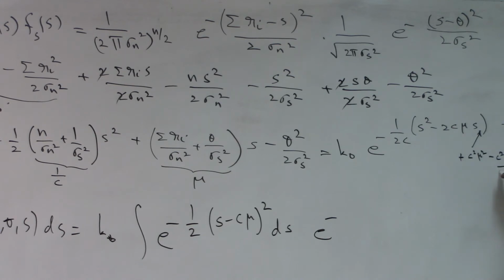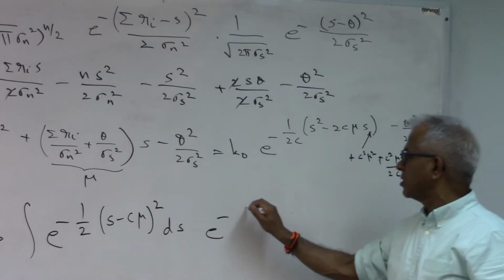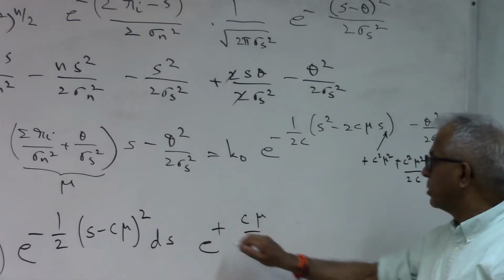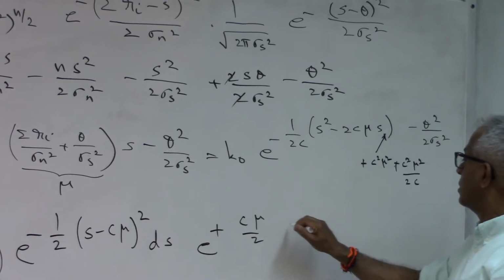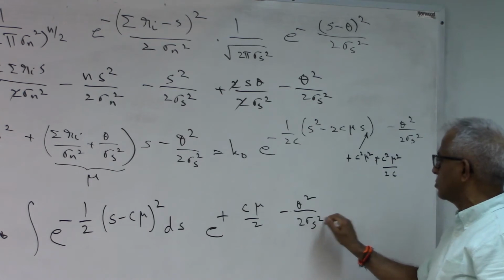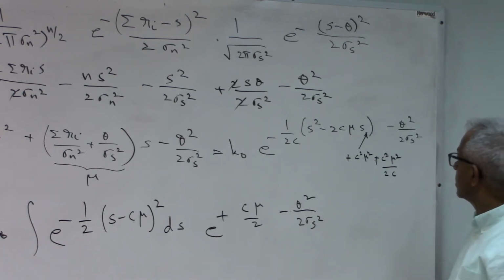This gets divided by 2c with the minus. Minus will become plus. So outside, c cancels, you get c mu over 2 with a plus sign. And this becomes minus theta squared over 2 sigma s squared. C mu squared, right? Very good.